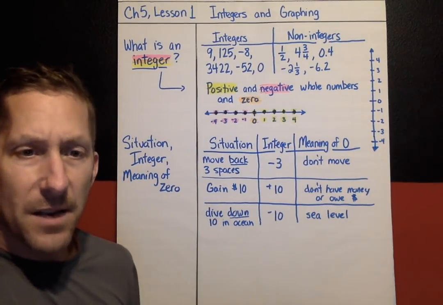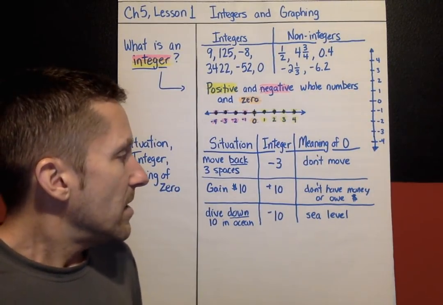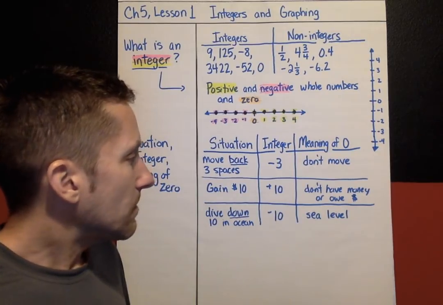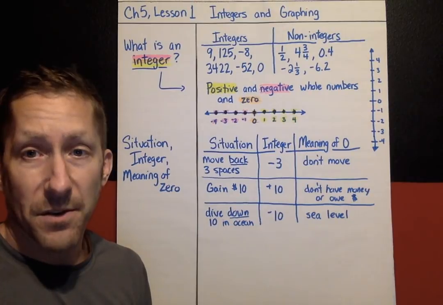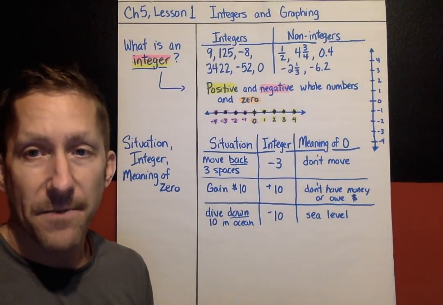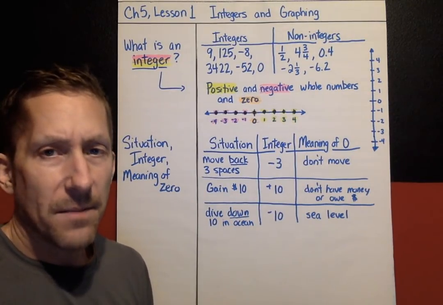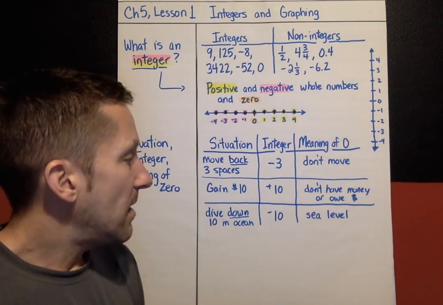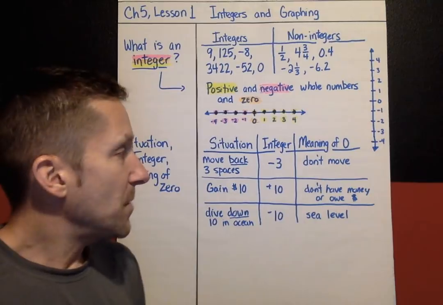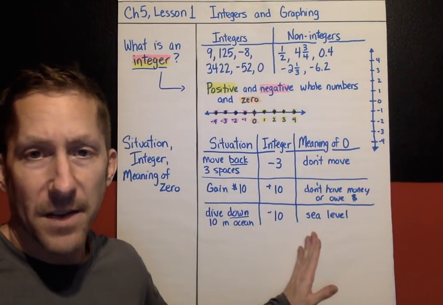So if you're talking about temperature and it's negative 25, or it's 25 below 0, that would be a negative 25 would be the integer. But what's the meaning of 0 in temperature? Well, there is no special meaning of 0 if you're talking about temperature.